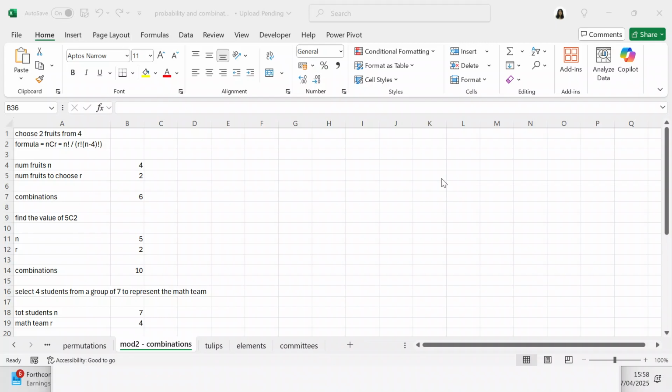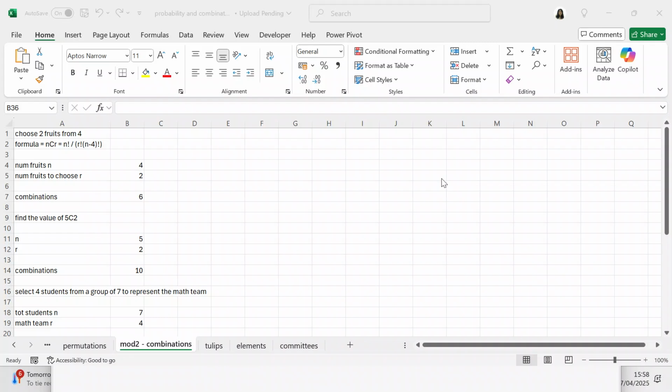So what we're going to do is the coursework for Module 2 in Alison's course, Probability and Combinatorics, which I converted to Excel. The first thing we're going to do is choose 2 fruits from 4.